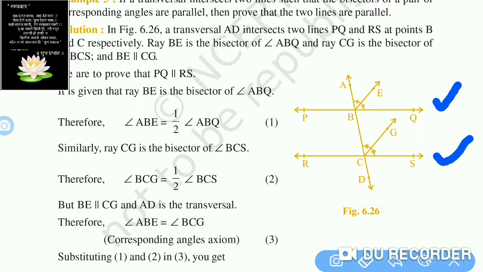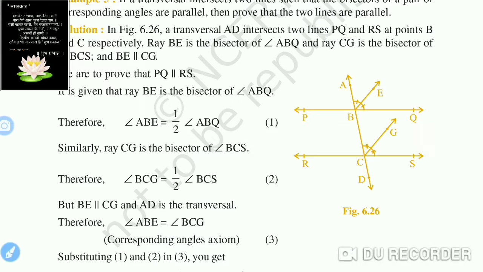Their transversal is AD. Bisector BE is also shown here and CG is also shown here.